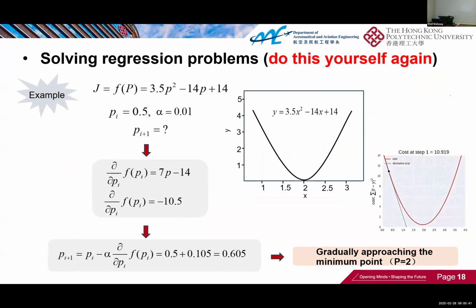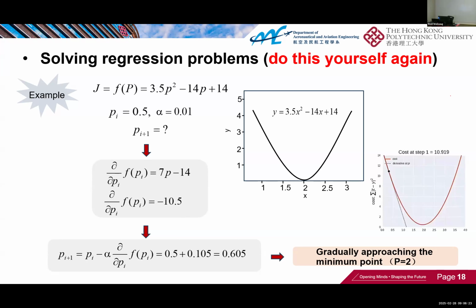For this function, if you want to find the minimum point, of course we know the minimum solution is x equal to 2, where y equals 0. But the computer cannot directly look into the figures or plots. So how do they find the x that makes y minimal? The computer doesn't know what to do.